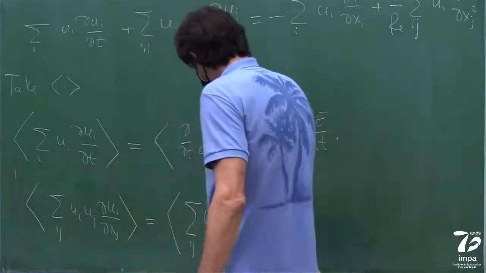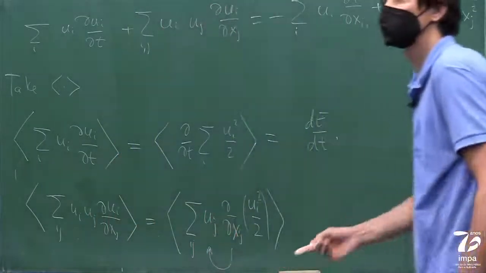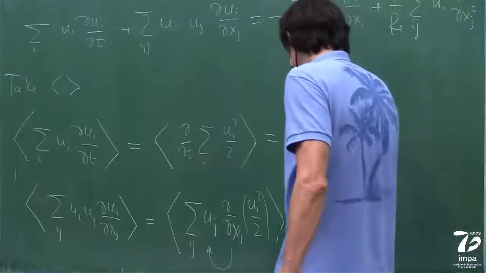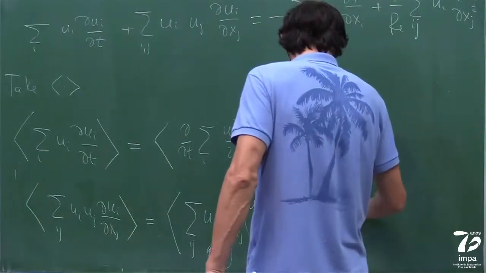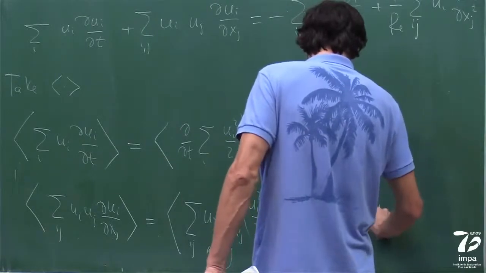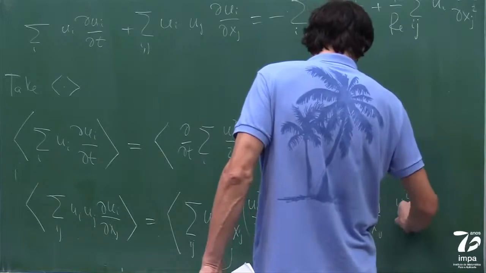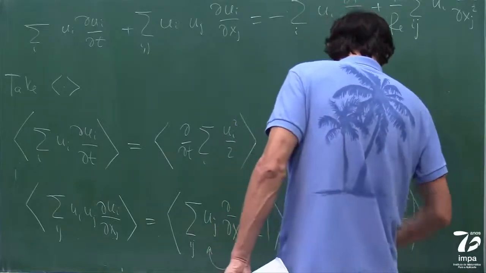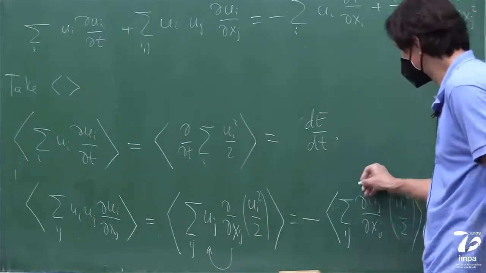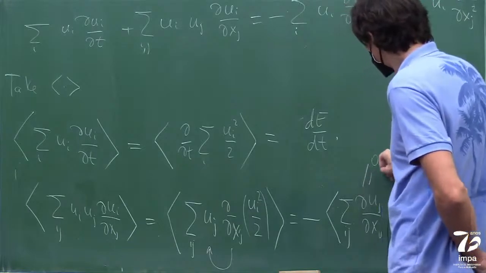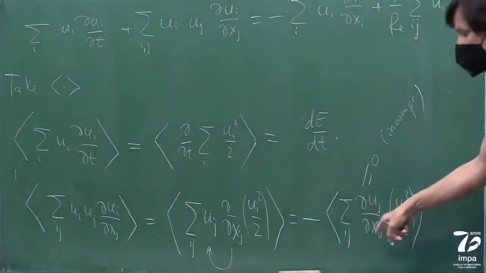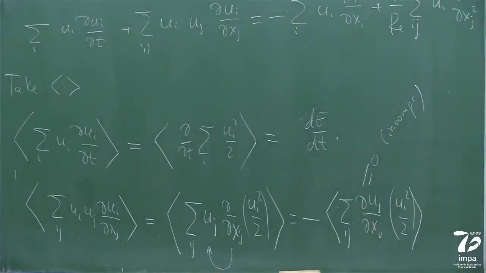Now you put the derivative to the other side, remember, and you can do it from this relation, and it will give you minus. But now, since you sum this over j, this gives you 0 because of incompressibility. This is exactly the incompressibility condition, so this is 0.